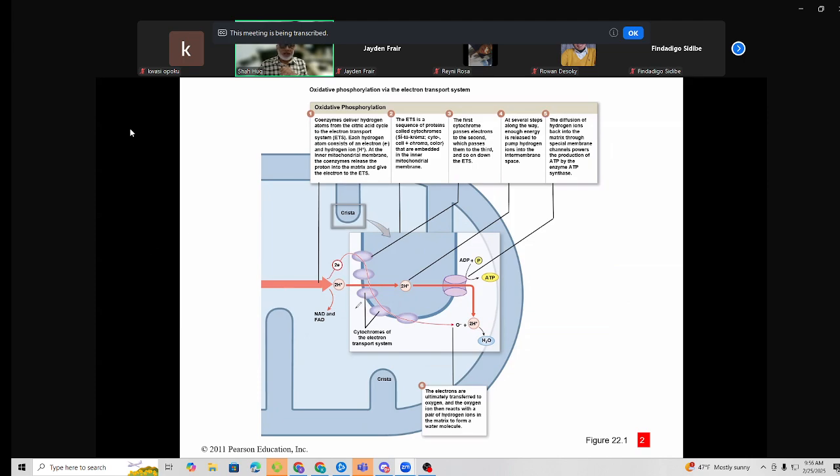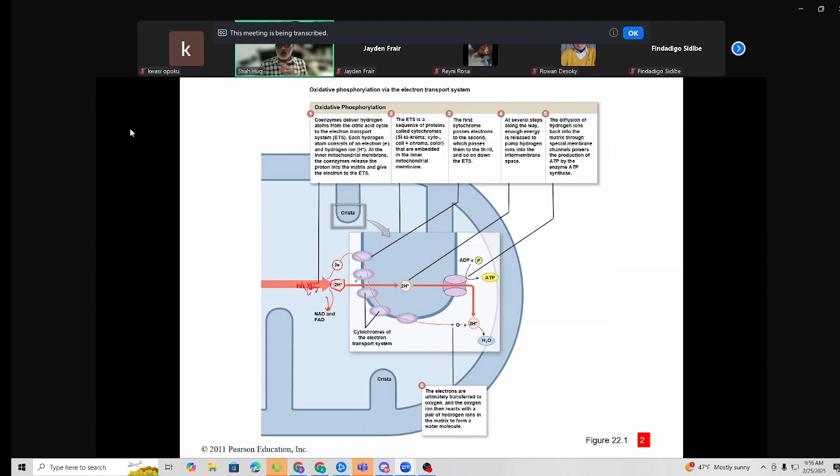Here you see NAD and FAD are converted back, because they were NADH2 or FADH2. This H2, or hydrogen, is what carries the electrons, and you also see the H+ released, proton and electrons.